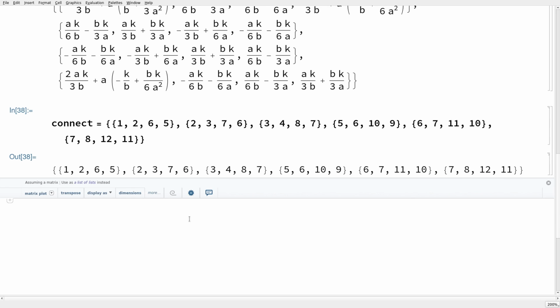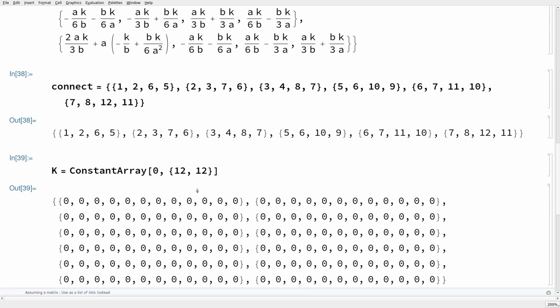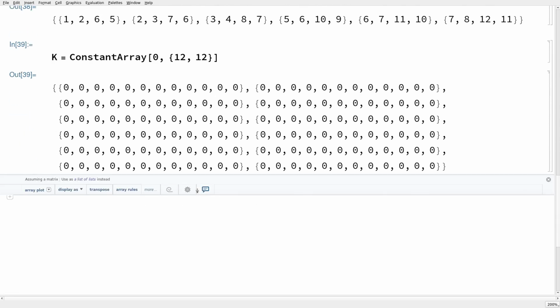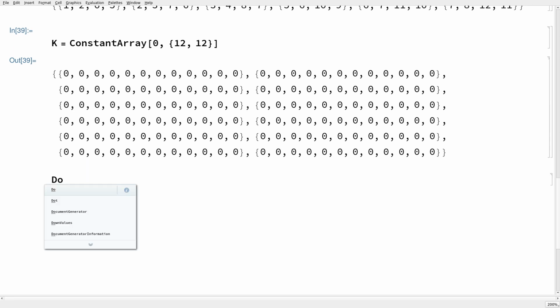I need to allocate my global stiffness matrix. So my global stiffness matrix will be an array of zeros that is 12 by 12, right? Because there are 12 unknowns total. All right. Then what I'll do is use a loop.